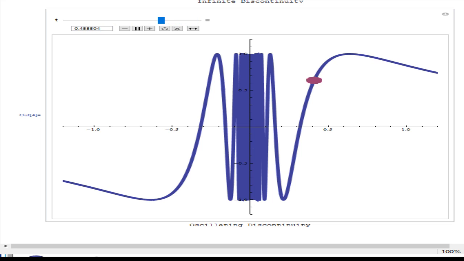So it's not exactly teleportation, in that it's not disappearing from one spot and appearing somewhere else, but it is appearing in multiple places at the same time. And so this is also a discontinuity. This is irremovable. There's no way to just redefine the function at x equals 0 to fix this. And these are the three different examples that we can have of irremovable discontinuities.